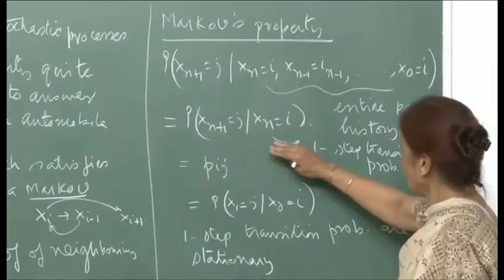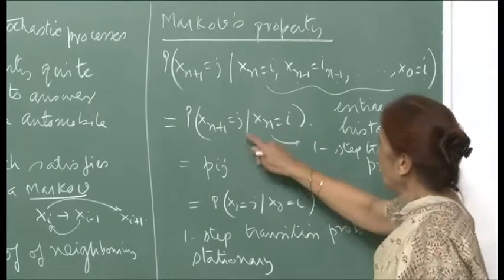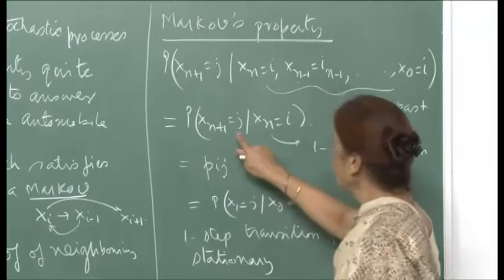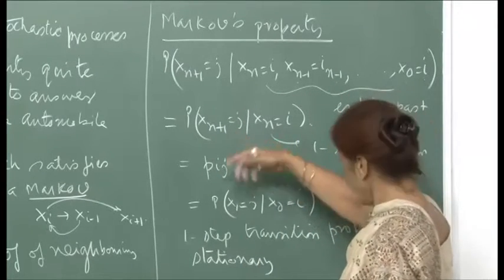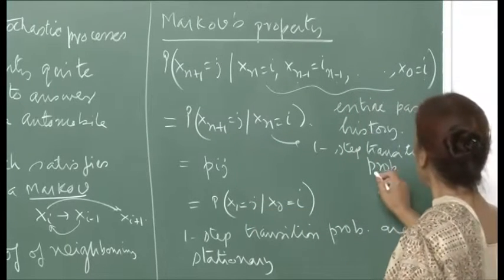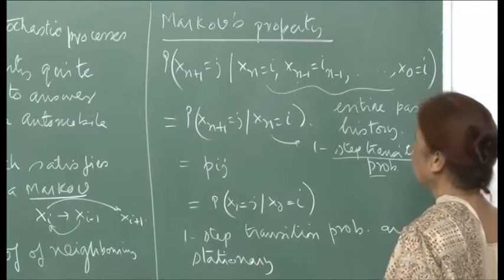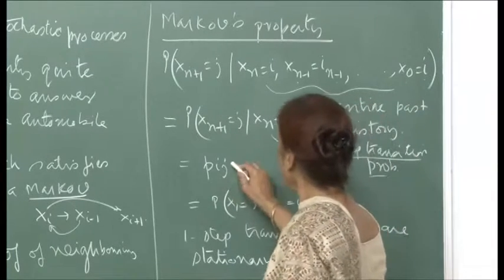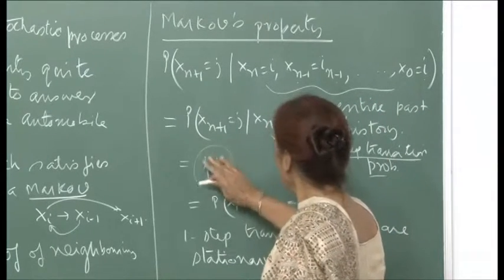So the current state of the system helps you determine, with some probability, where the system will be in the next time period. These are known as one step transition probabilities, and we will call them Pij.